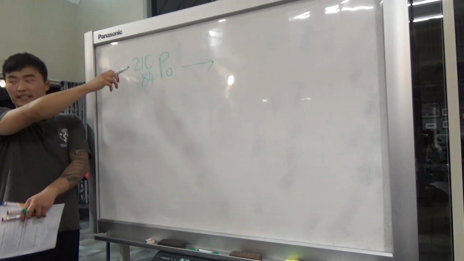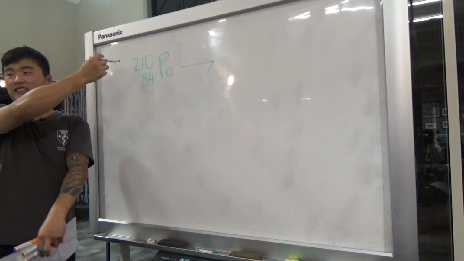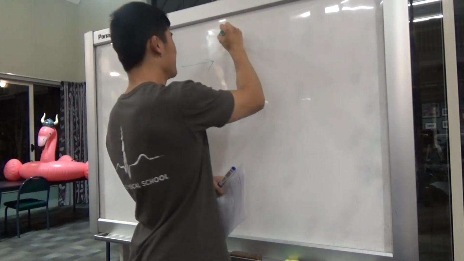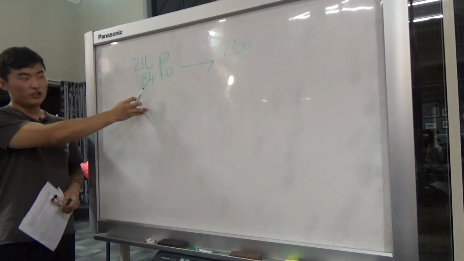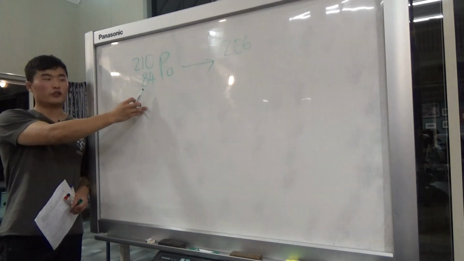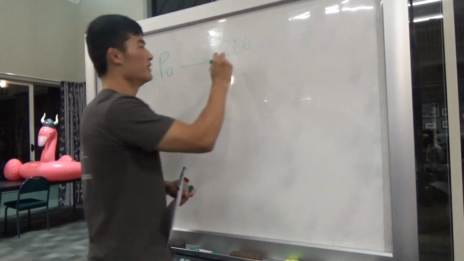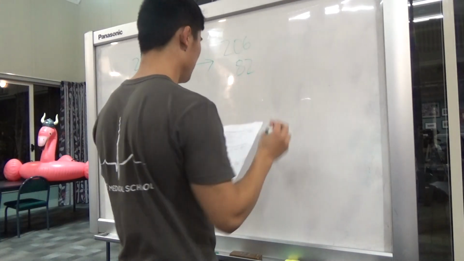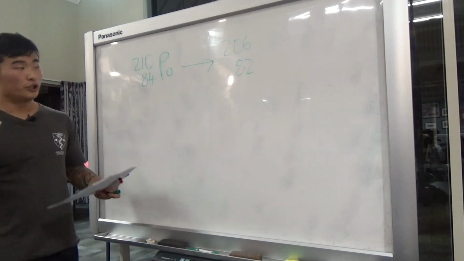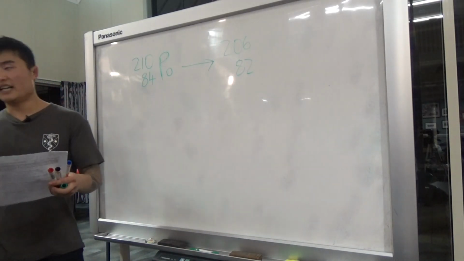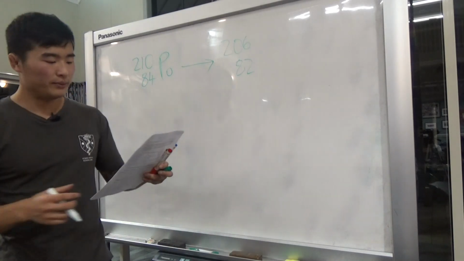So 210 minus 4. Yep, so it's going to be 206. And it's going to lose 2 protons, so it's going to go from 84 to 82. So you just look for the option that has 206 and 82. You don't have to know which element it's going to be.